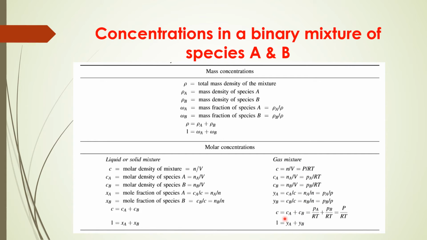So here C equal to Ca plus Cb. Since it is a gas, we can write concentration in terms of partial pressure. So Ca equal to Pa by RT, Cb equal to Pb by RT, which is equal to total pressure by R into T. So here again Ya plus Yb is equal to 1.